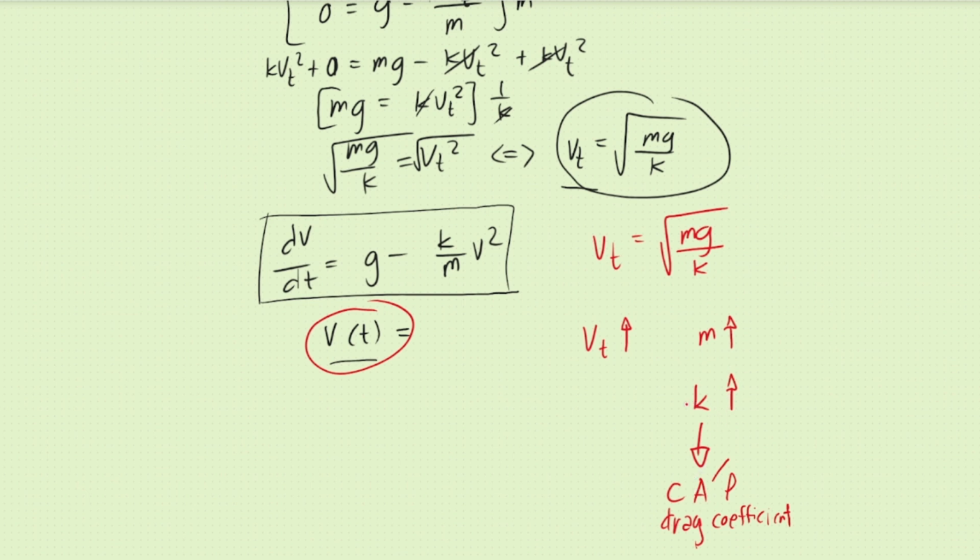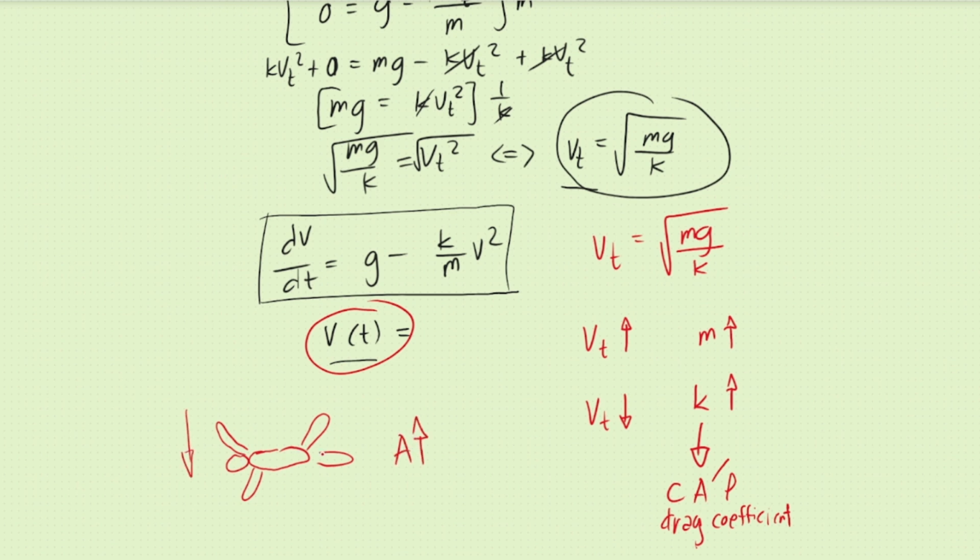If we increase the k, what happens to your terminal velocity? It's going to go down, because your terminal velocity is inversely proportional to the square root of your k. So if you increase the value of your cross-sectional area, you decrease the terminal velocity. This means that if a skydiver spreads their body as they fall, they're increasing their area.